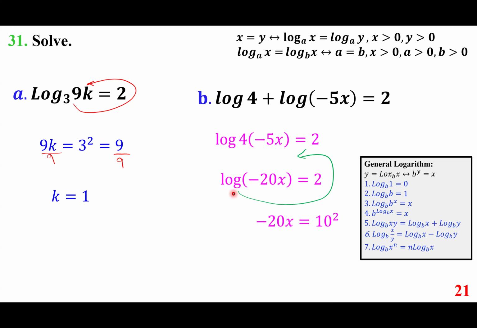So minus 20x is 10 squared. What is 10 squared? 100. Divide both sides by negative 20, x becomes negative 5.